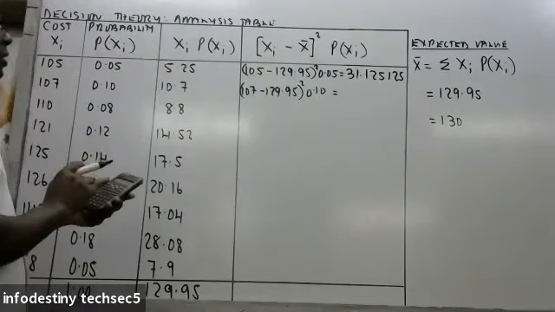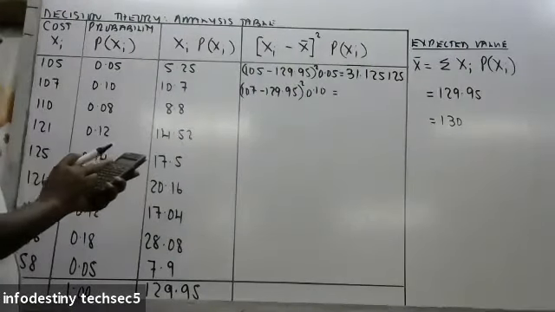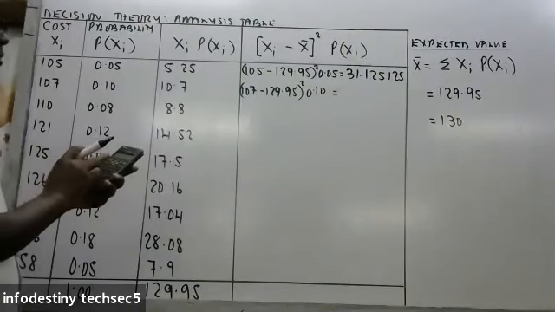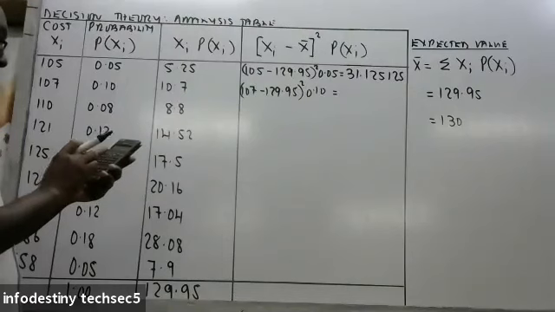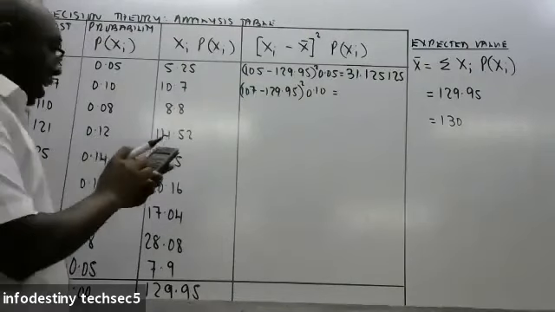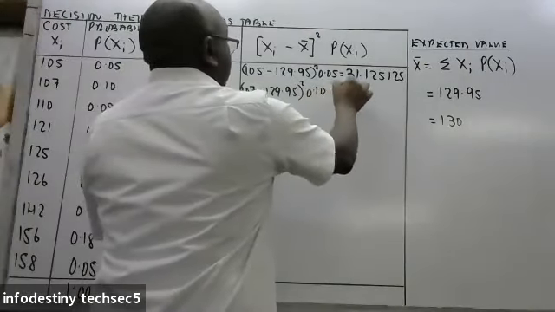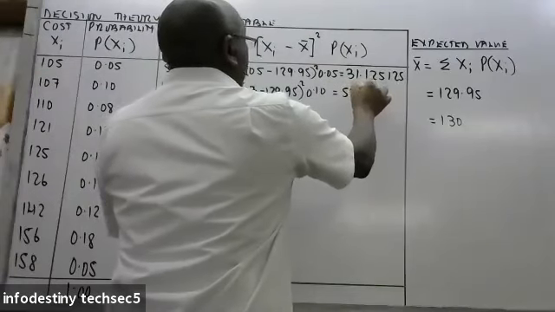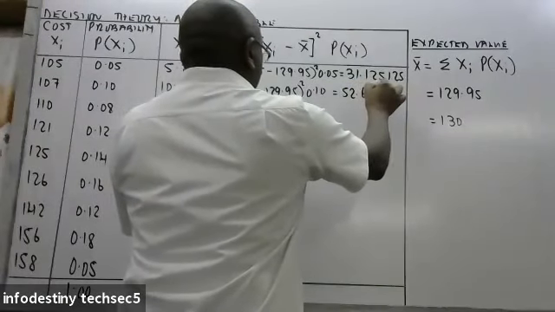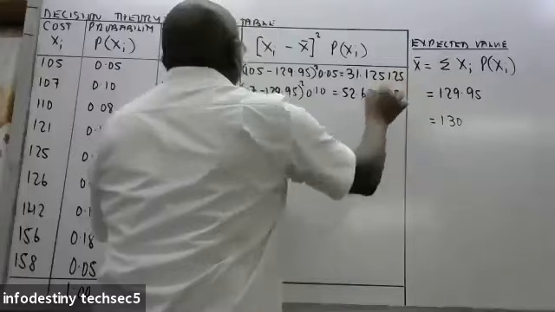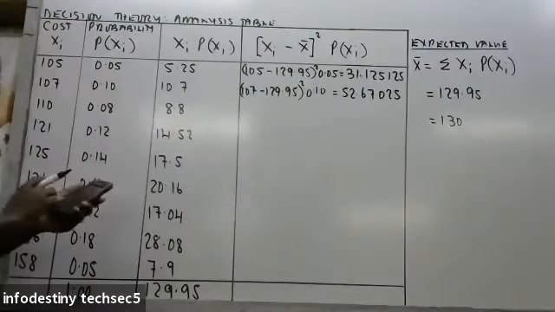Good. Then 107 minus 129.95. I square that, I multiply by 0.1. I'm getting 52.67025. So the rhythm continues.